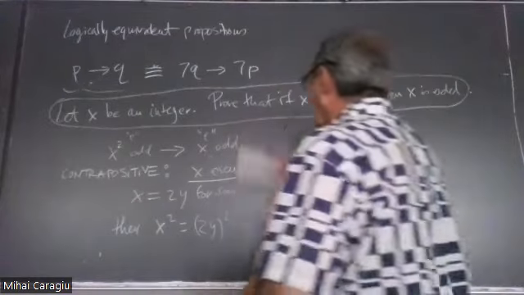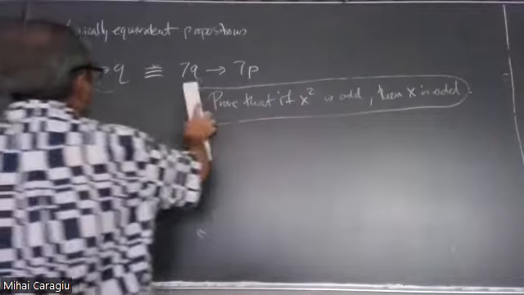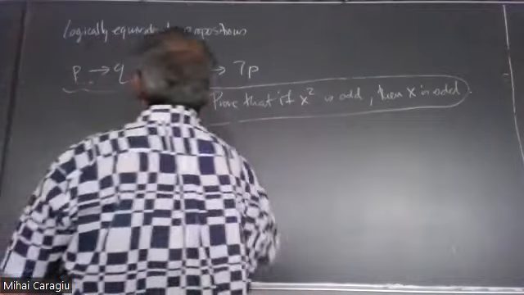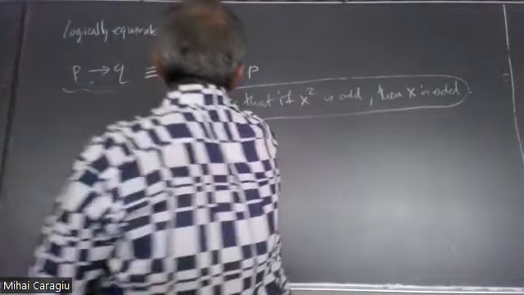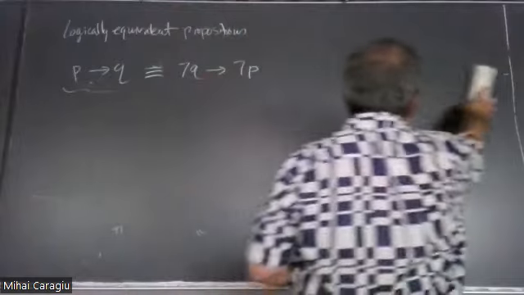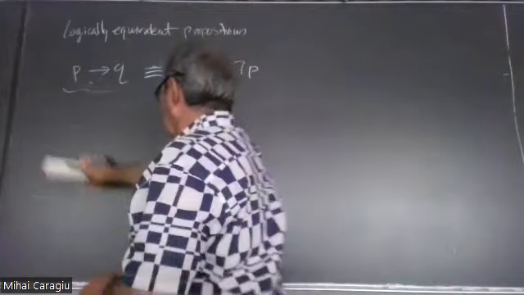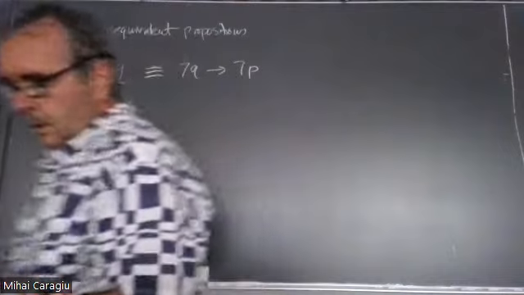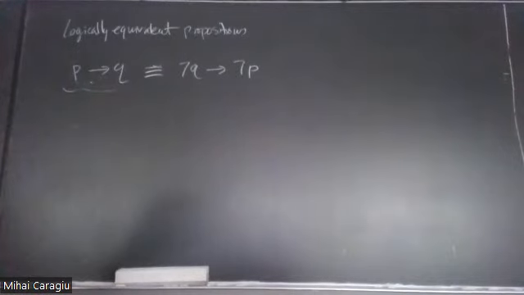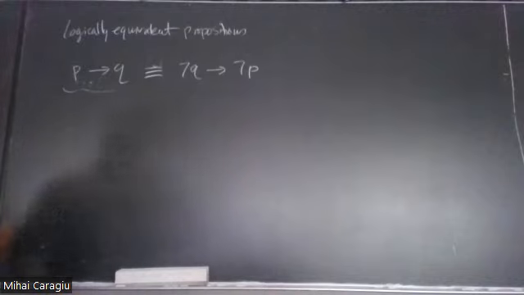Let's do another one. Based on this, the whole idea is P implies Q is equivalent to non-Q implies non-P. Okay, so let x be a real number.